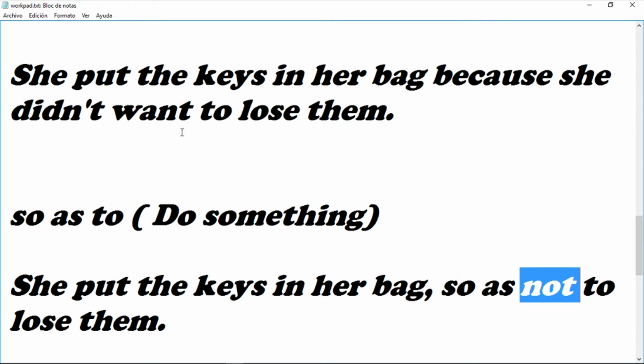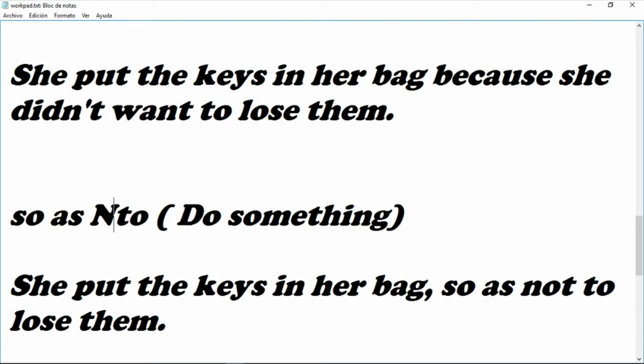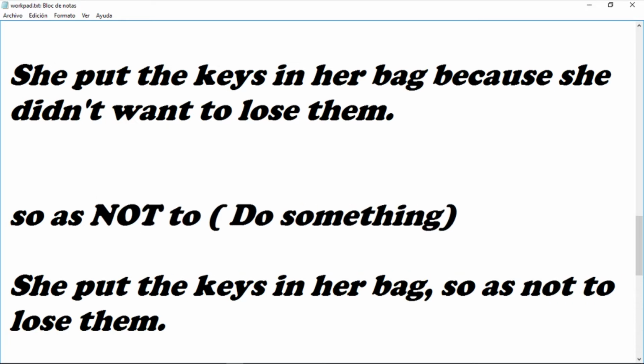So if it's a positive sentence, so as to do something, and if it's a negative, so as not to do something. I asked the question, right? She put the keys in her bag. Well, this is in the past, put is put in all tenses.